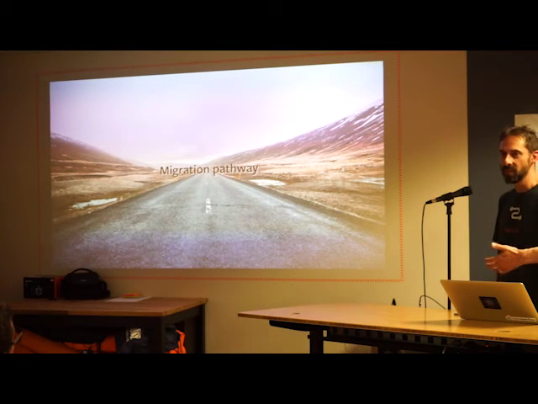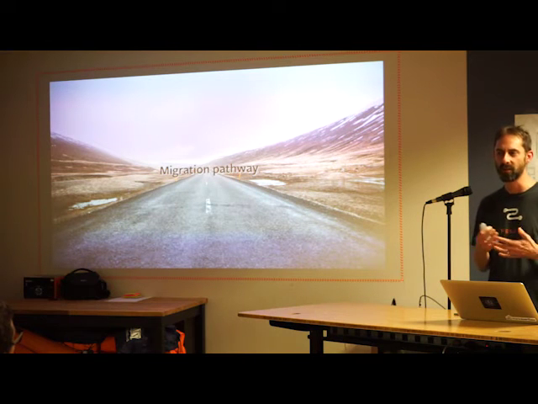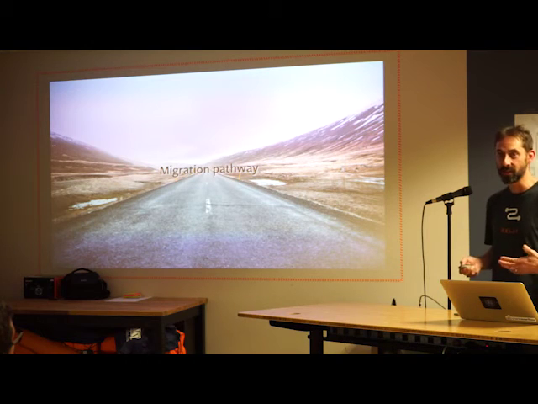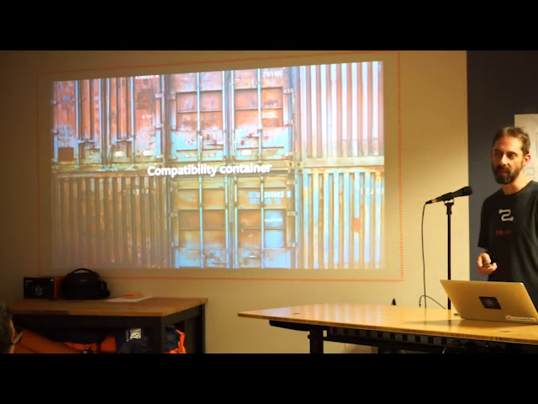And obviously, you're going to want a migration pathway, right? A fortunate thing about Relay is that the API is actually pretty small. So there's not a lot of stuff you have to do to move from Relay 1 to Relay 2, despite the drastic changes that we made to the internals. And to make this easier, we're going to provide a compatibility container.